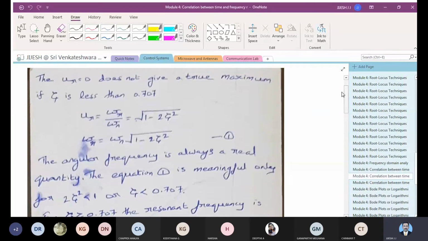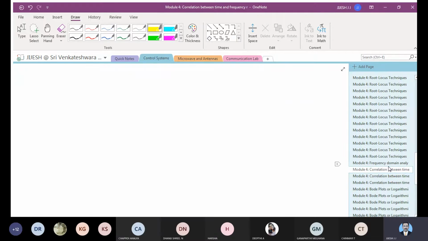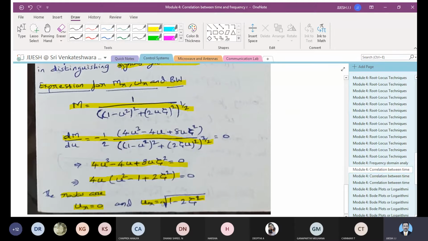so now you got ur is equal to 0. You can say that ur is equal to 0 does not give the true maximum if zeta is less than 0.707. So what you got is ur is equal to 0 and ur is equal to root of 1 minus 2 zeta square.